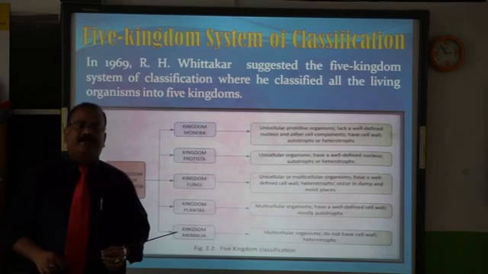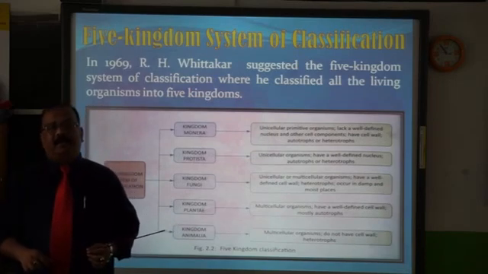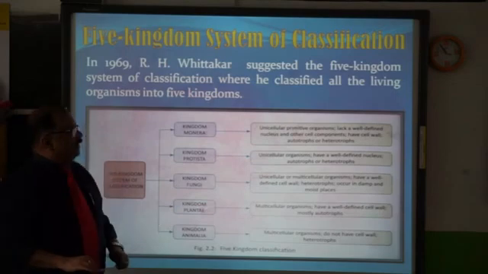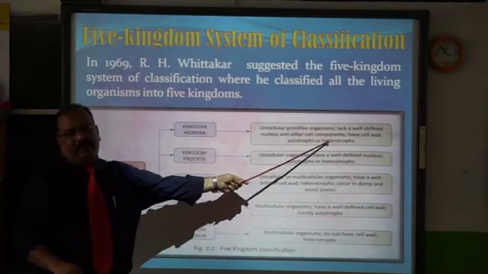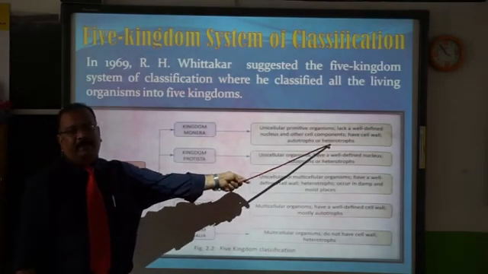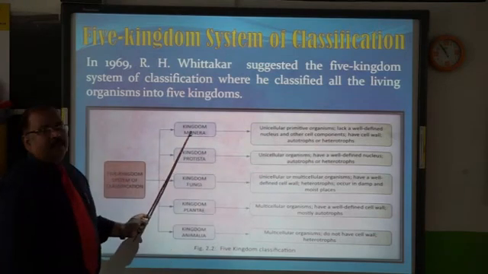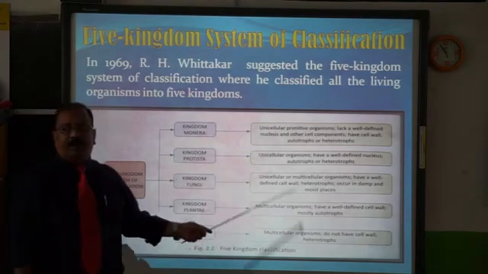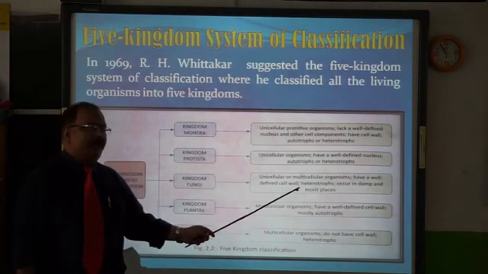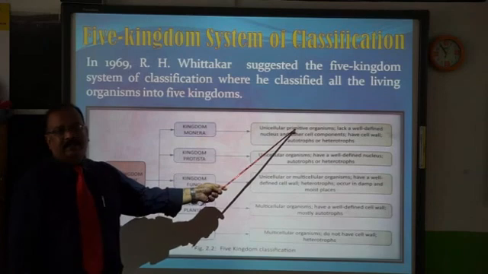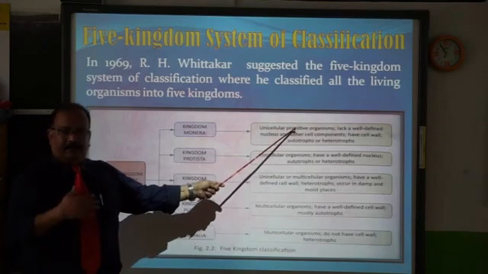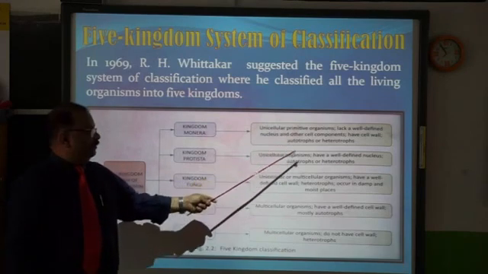Autotrophs are the organisms which can prepare or manufacture their own food, whereas heterotrophs, just like us, cannot prepare our own food, we depend on plants. So in Kingdom Monera the organisms can be either autotrophs or heterotrophs. They are the primitive organisms, that means from the beginning, the olden days.